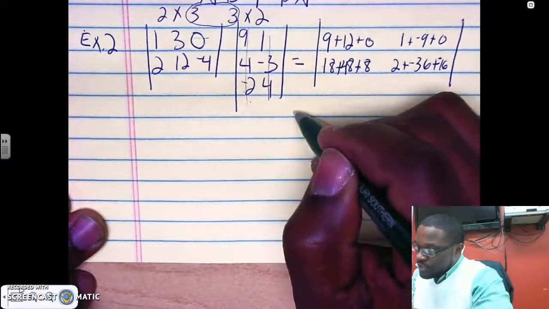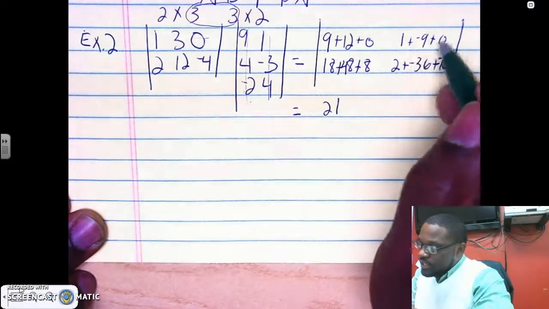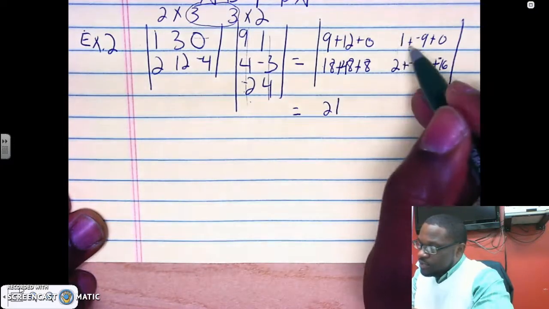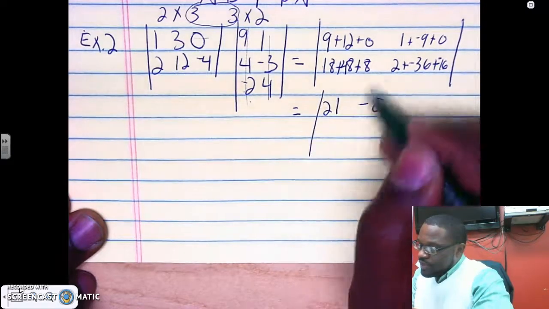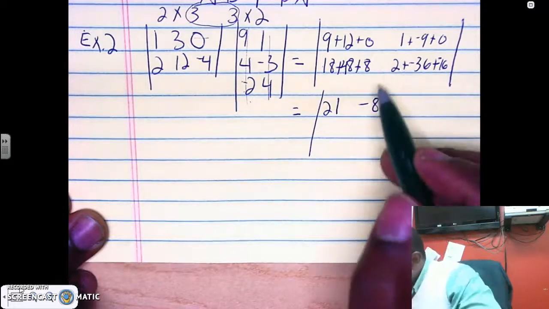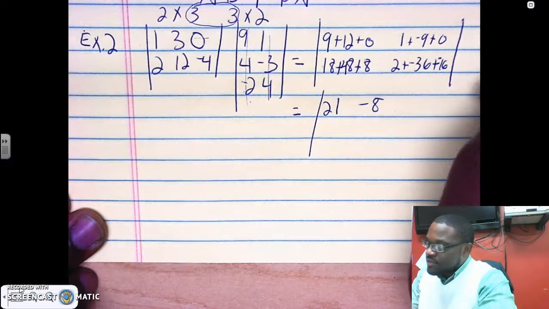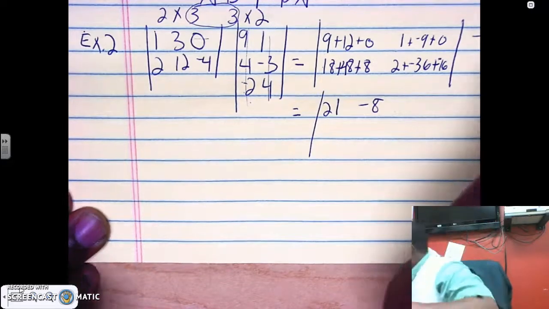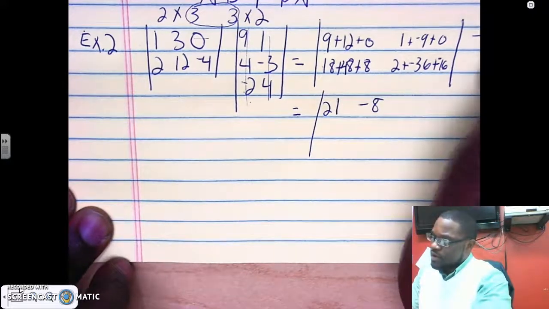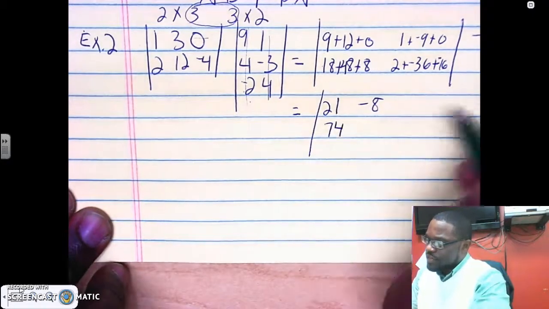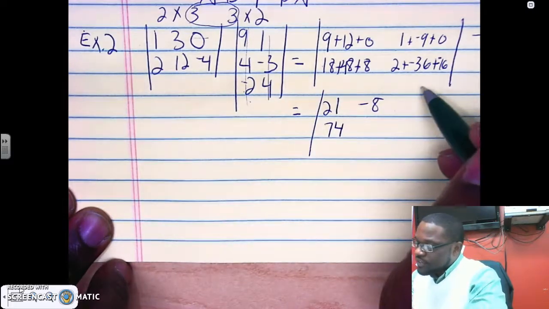Alright, so what does this equal? 9 plus 12 is 21. 1 plus negative 9 is negative 8. What is this? 56 plus 18, 74 and negative 52.